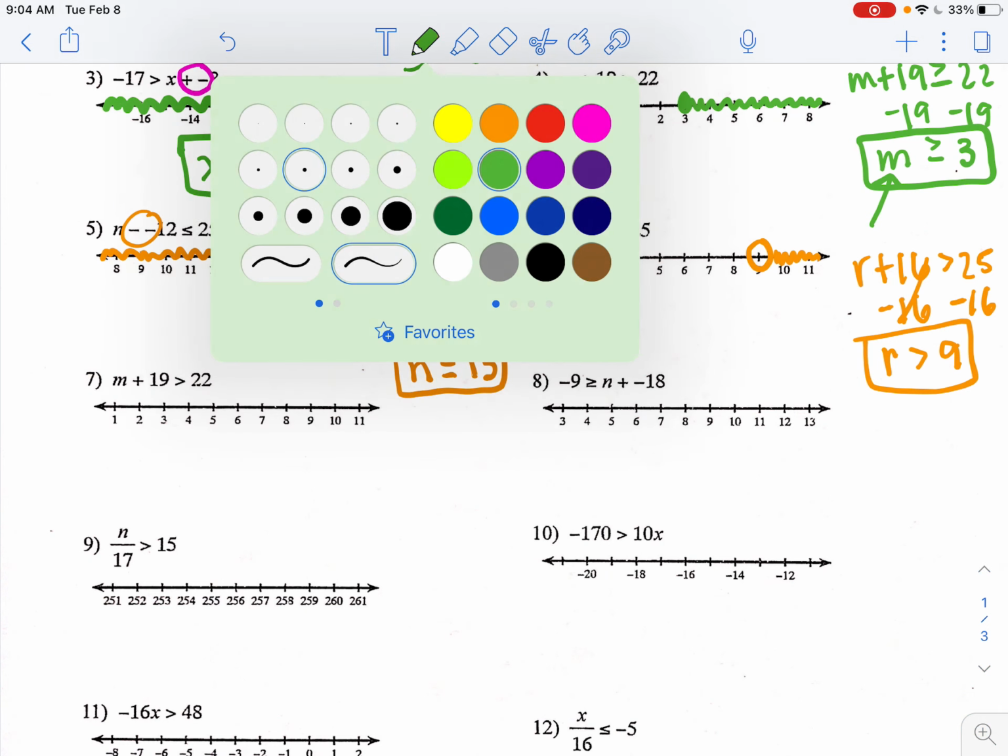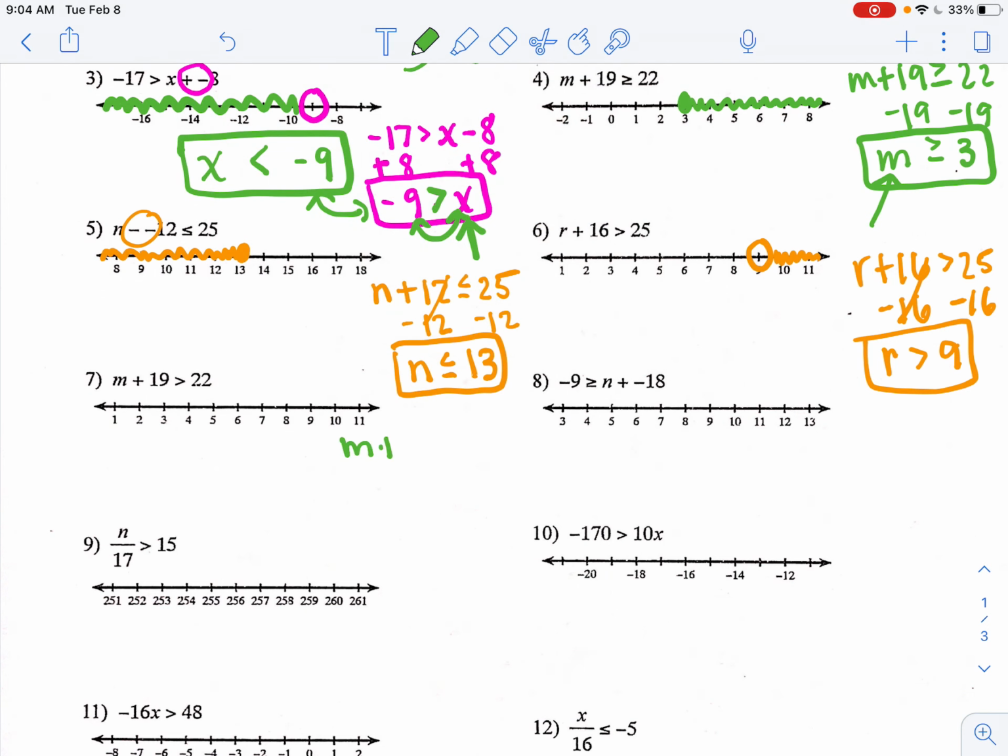Okay, number 7, m plus 19 is greater than 22. Subtract 19 from both sides, and m is greater than 3. That's going to be an open circle on 3, and m is greater than that, over on the right side.